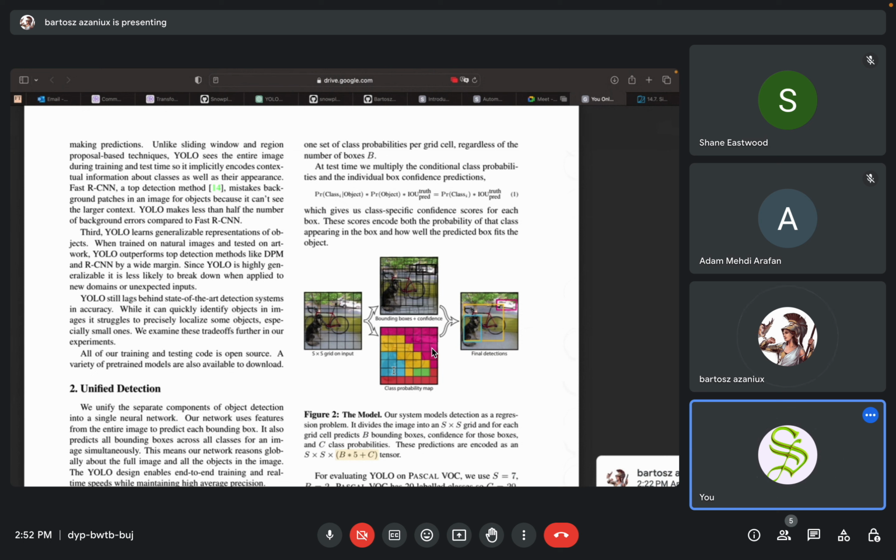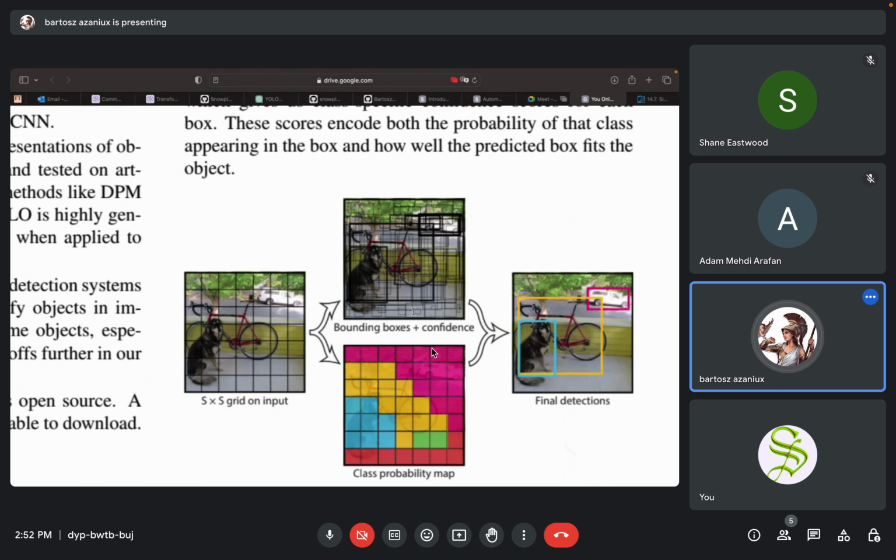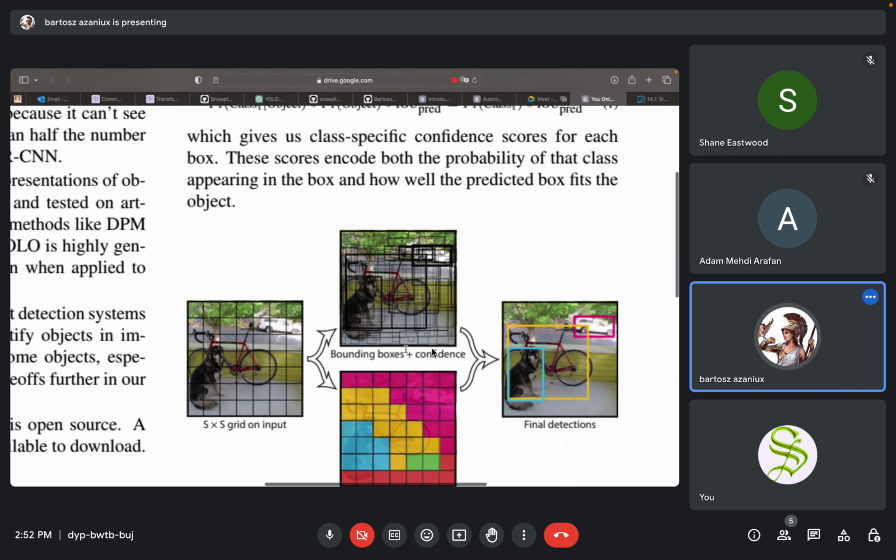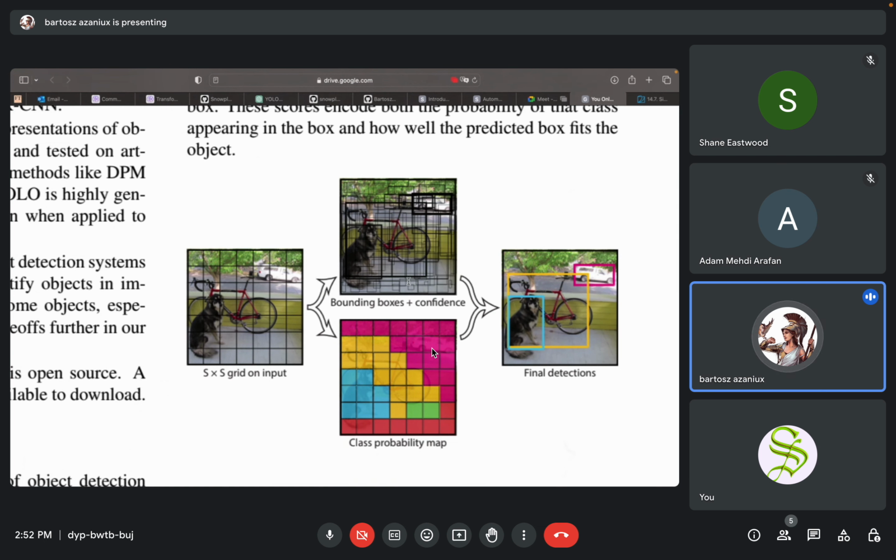Yeah. I can imagine, and I think if we really zoom in, you can even see here that there aren't a lot of predictions for bounding boxes inside. There isn't more than one bounding box prediction for an entire grid cell.